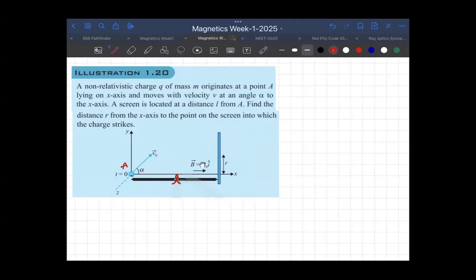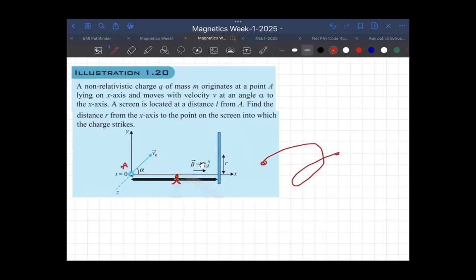And one thing is very clear: within one helix, it should strike the screen. That is the meaning of the question.